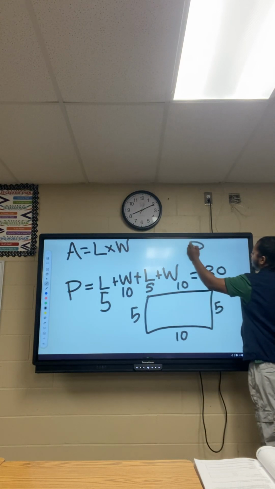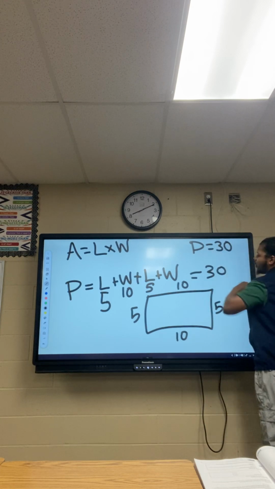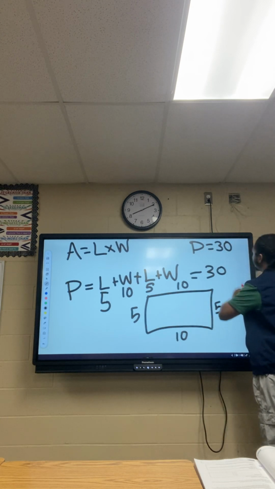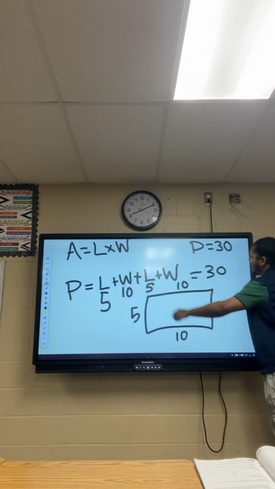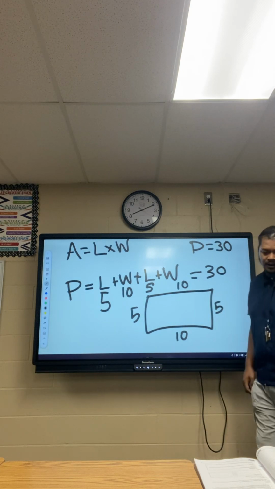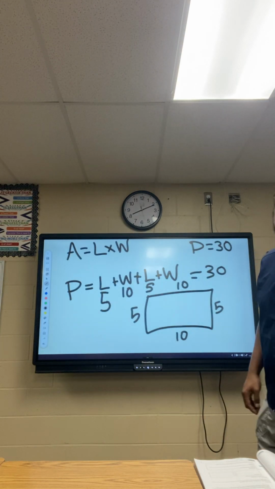So our perimeter, the outside of this shape, is 30. And whatever your measurement is, whether it be inches or feet, you must put that there. You do not need the exponent. We're not squaring. We're just finding the outside, adding up all the lengths and widths of the outside of the shape, okay? All right, so very simple. So you have to do that for the 3 shapes that we give you in questions 1 and 2, all right? Have a good evening.